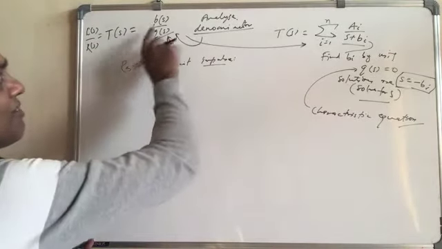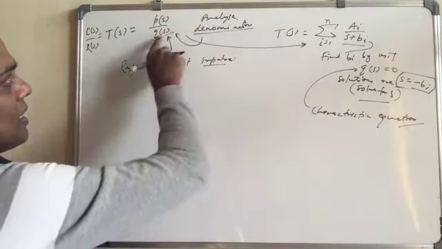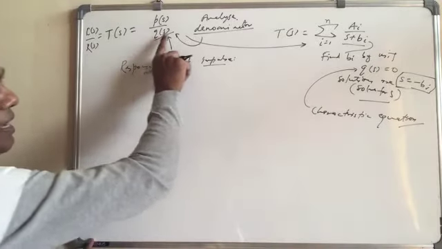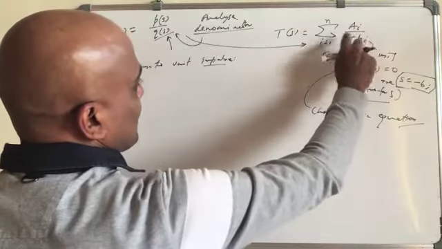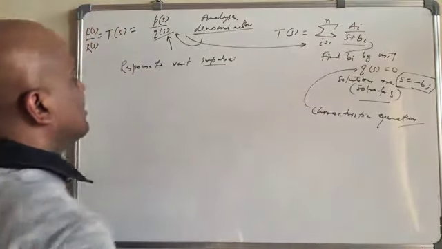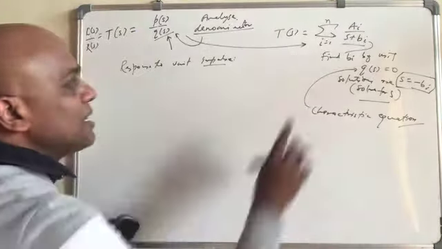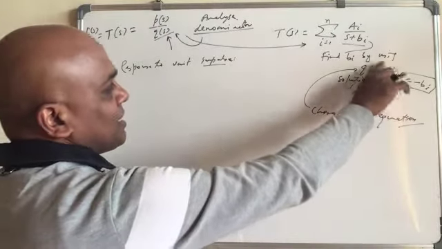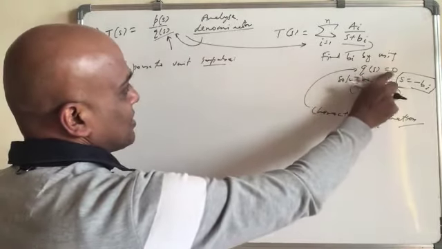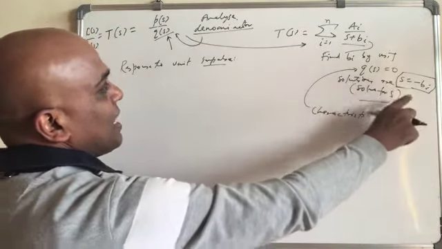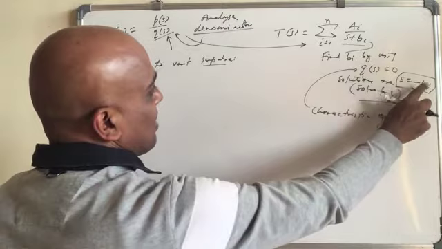Again, the transfer function is P(s) over Q(s), which we can write as the summation of Ai divided by s plus Bi, where Bi we can find from the characteristic equation, denominator Q(s) equal to 0, and you solve for s, and the solutions are s equal to minus Bi.